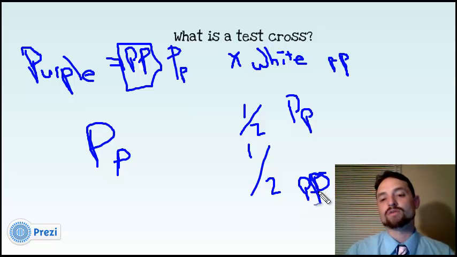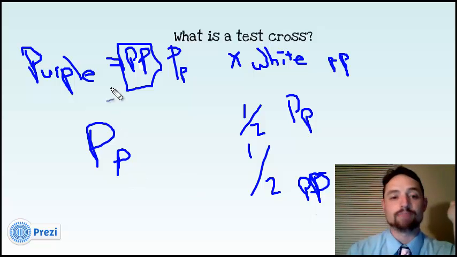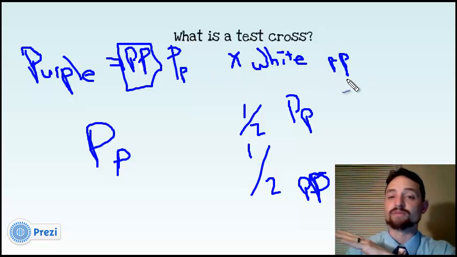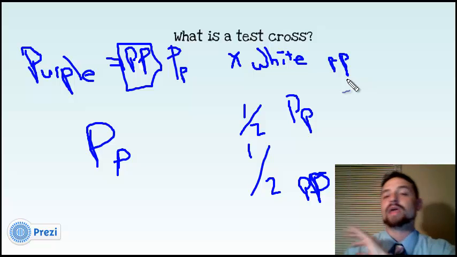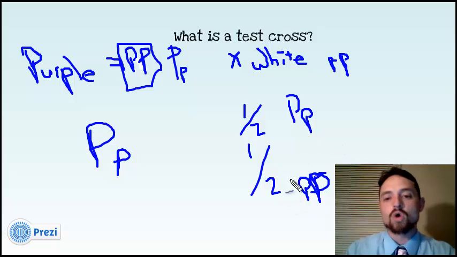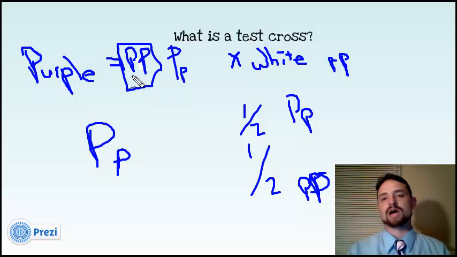So what we do there in genetics is a cross of a dominant phenotype, purple, where we don't know the genotype, with a homozygous recessive one, because we know the genotype of that, that's 2 little letters. And we look at the offspring then. If we get a large enough sample size and we have no recessive individuals, then we go, okay, that individual that we didn't know had to be homozygous dominant.